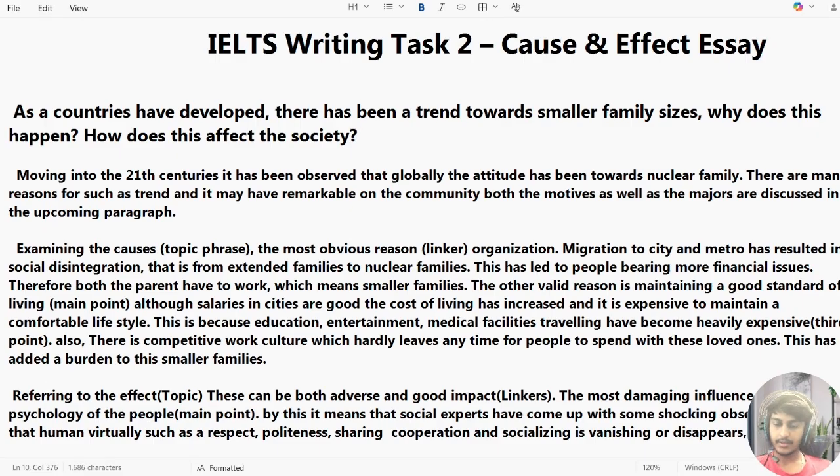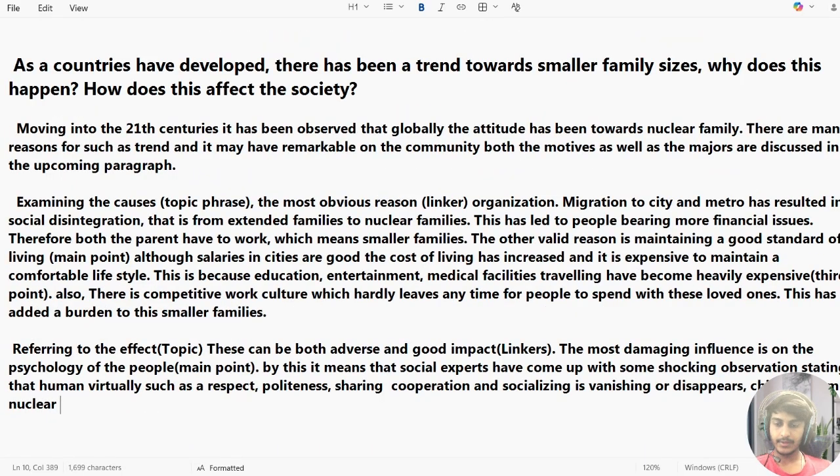Children from nuclear families are less social and lack good qualities on the contrary.